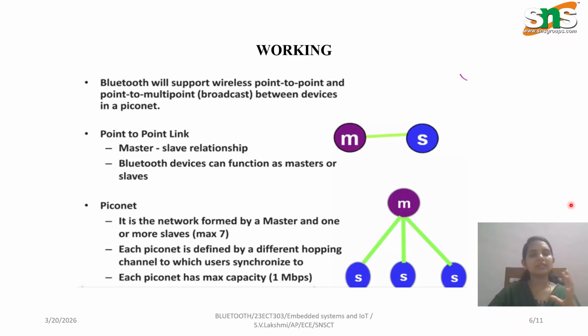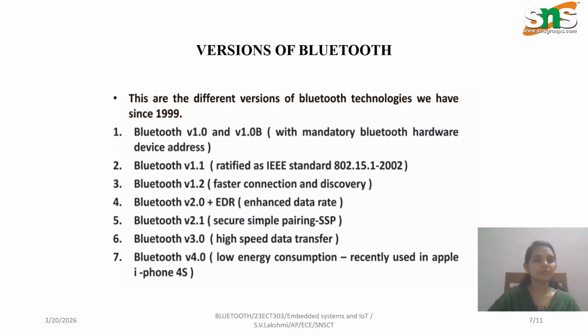How it works is, the first step is device discovery, the second step is pairing the device, the third step is connection establishment, and step 4 is data transmission, which is sent in packets using the frequency hopping technique, which reduces interference and improves reliability. This is the working of the Bluetooth protocol stack.